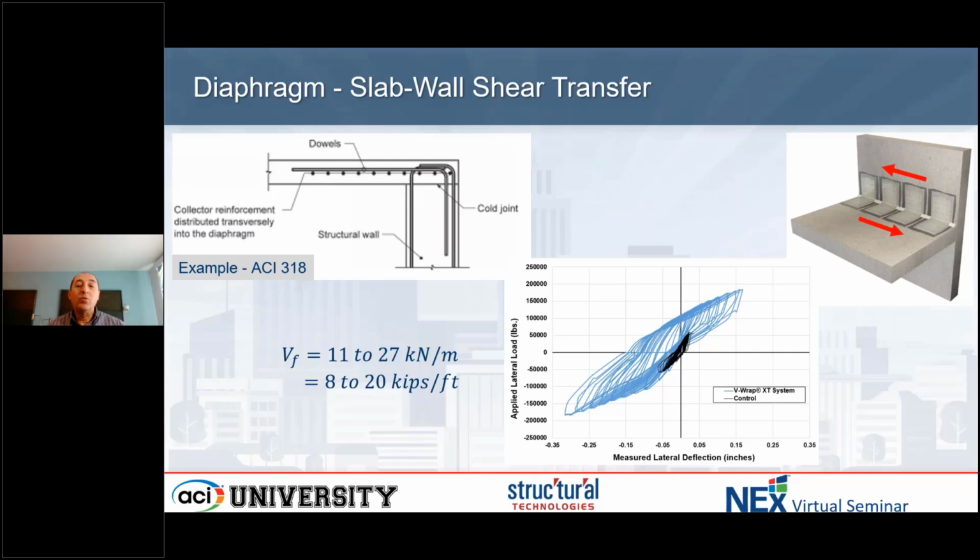There's still a lot of work that needs to be done. We're still collecting and working this data. We've done a lot of tests, so we understand the behavior very well. We can calculate the contribution of the FRP, but it's time to really codify that. We have some of that already in design standards, but now we need to expand on it to cover all the applications I mentioned and discussed during my talk today.